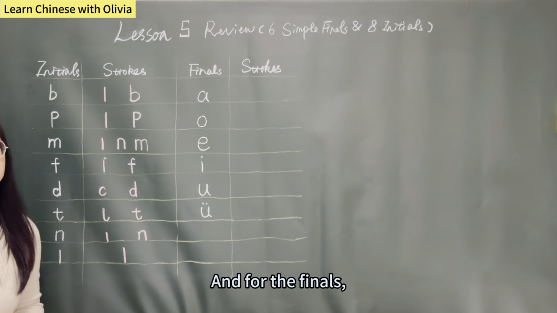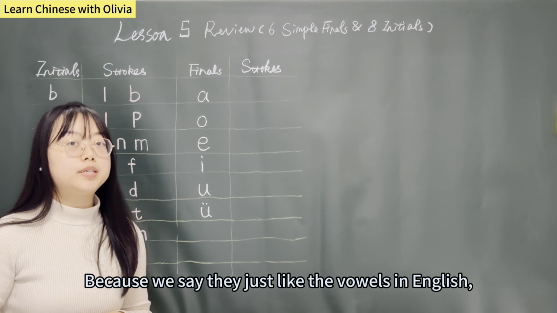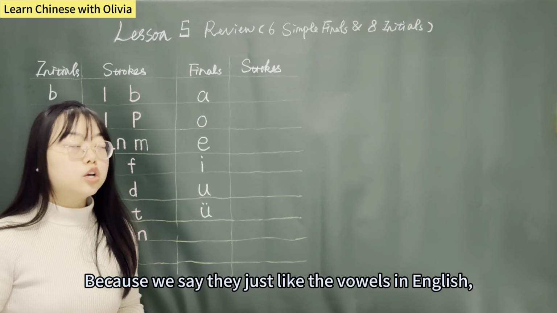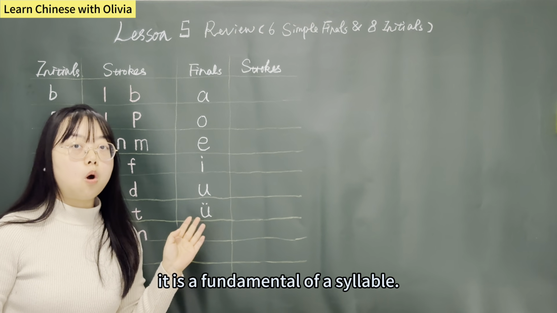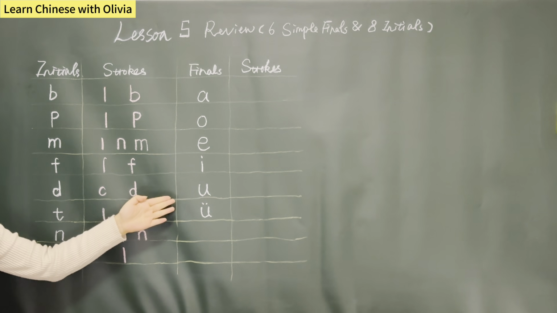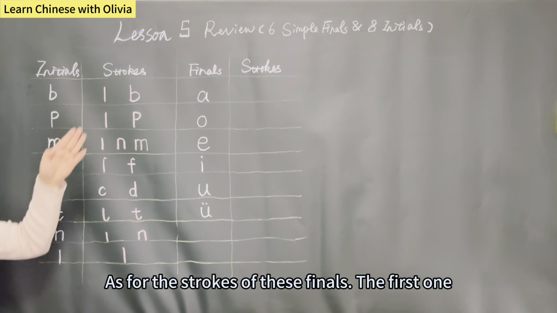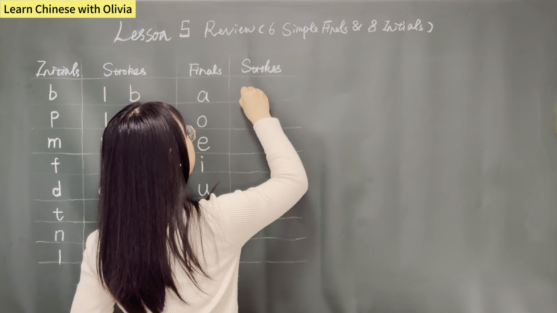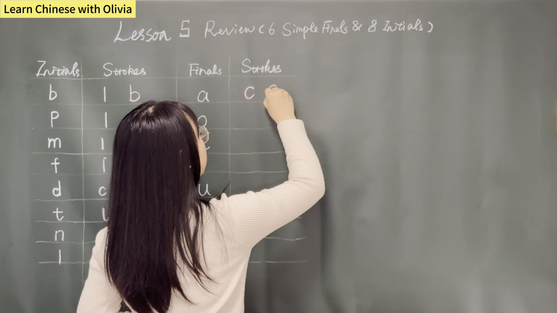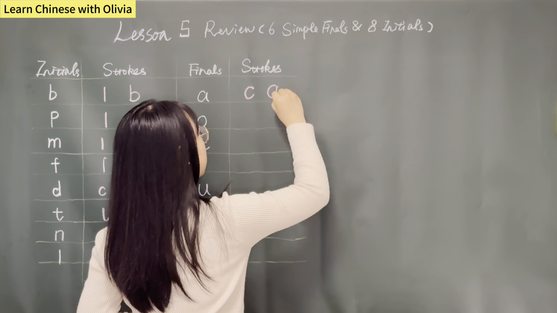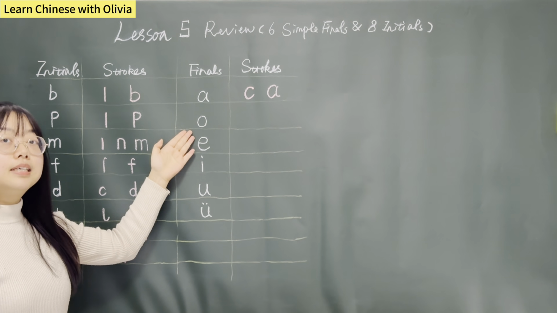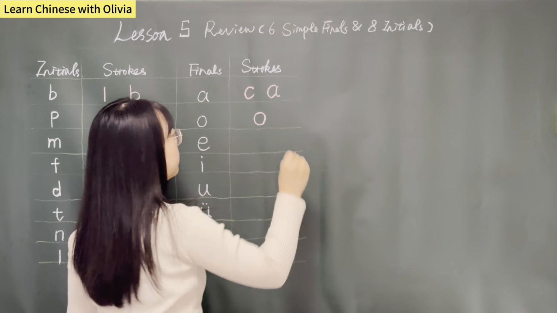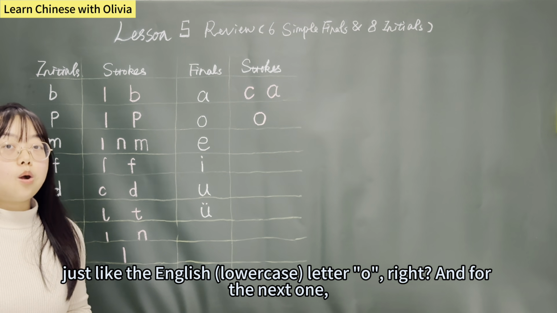And the finals are very important because, just like the vowels in English, they are a fundamental of a syllable. As for the strokes of these finals, the first one, next one, just like the English letter O, right?